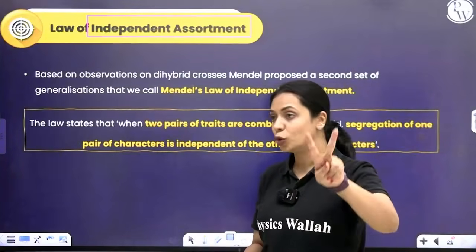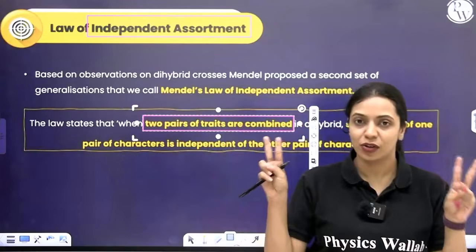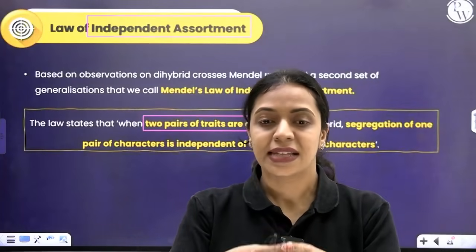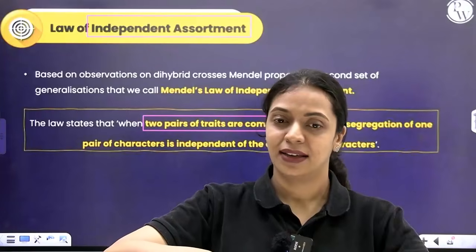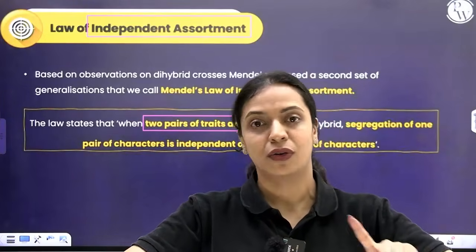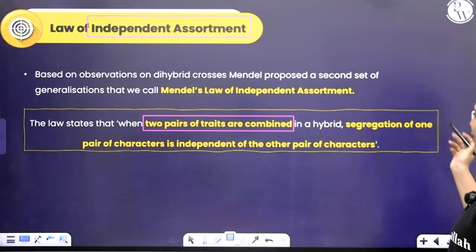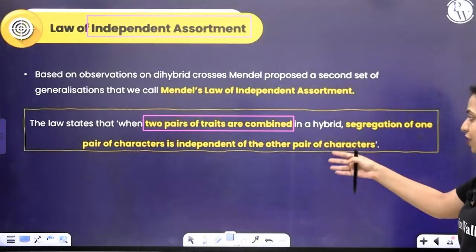So we're considering 2 pairs of traits in this dihybrid cross. Whenever 2 pairs of traits are combined in a hybrid, the segregation of 1 pair happens independently of the segregation of the other. Okay, so when 2 pairs of traits are combined in a hybrid, segregation of 1 pair of characters is independent of the other pair of characters.